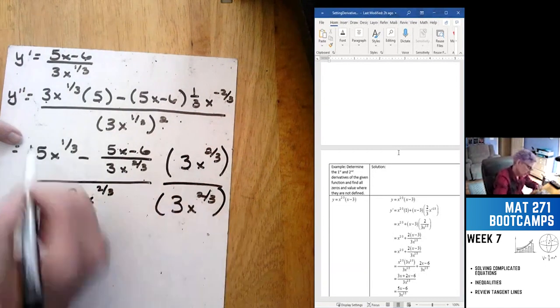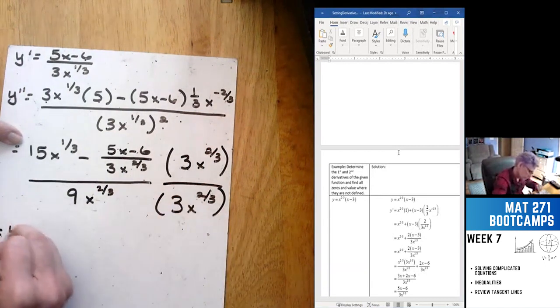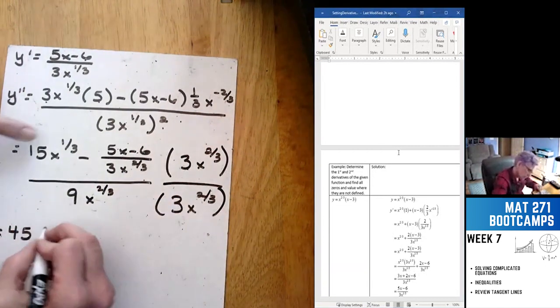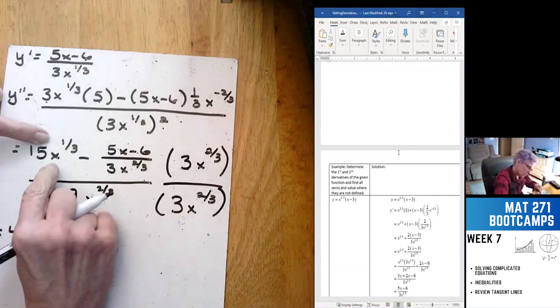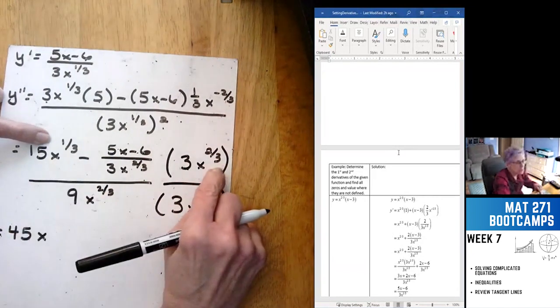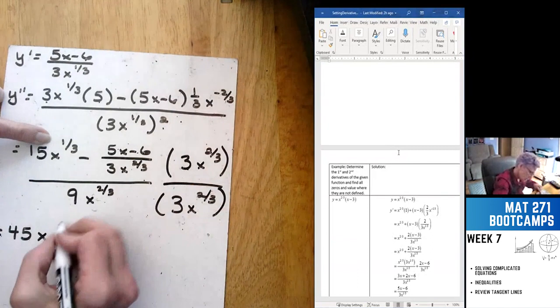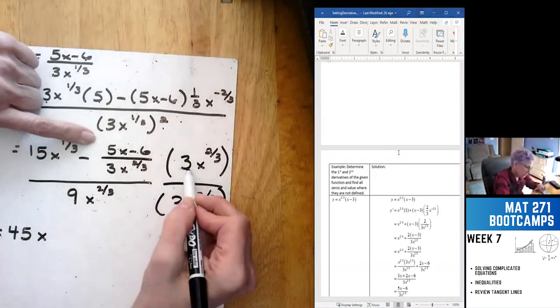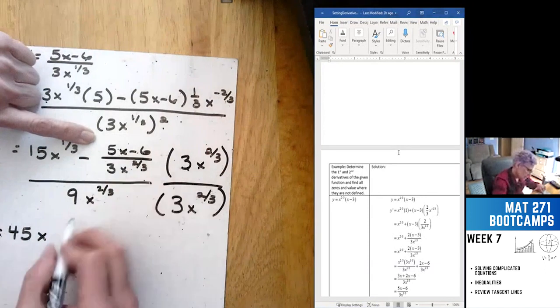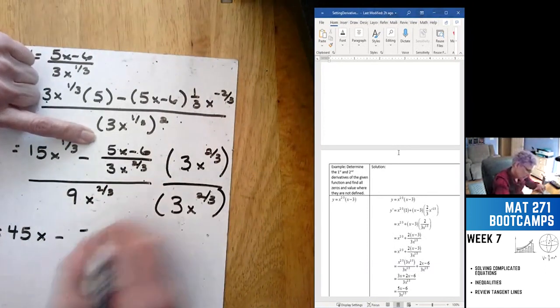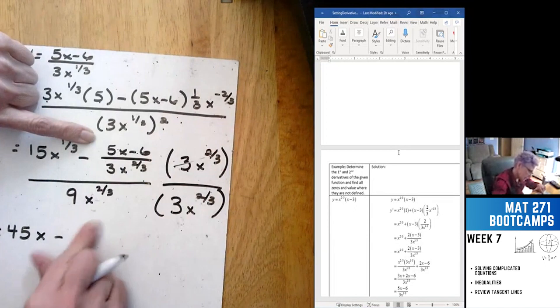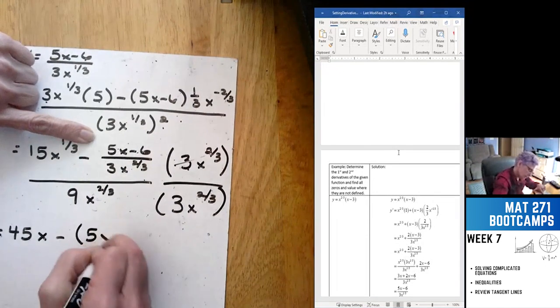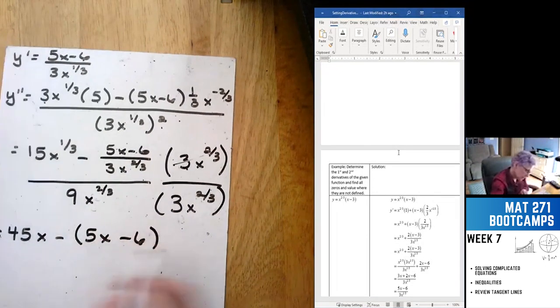I have 3 times 15, which gives me 45, and x to the 1/3 times x to the 2/3 gives me just an x. Yay! I have 3, let's see, minus, oh, that cancels with that, so I'm left with just minus 5x minus 6.